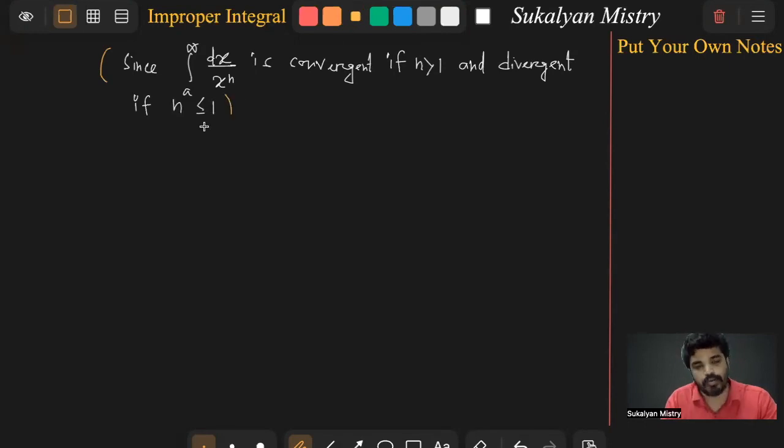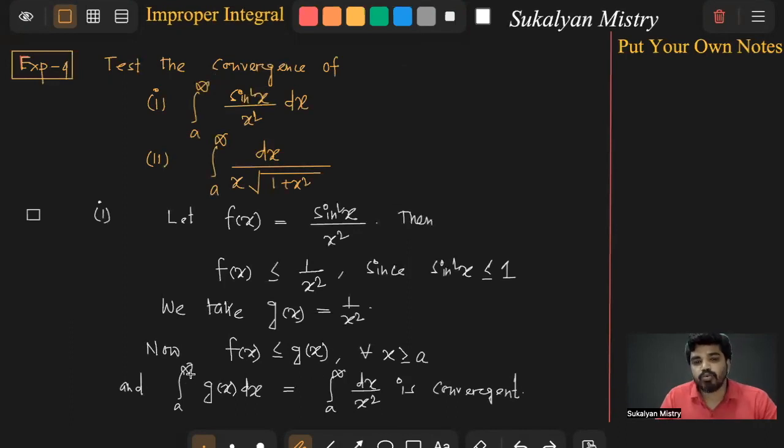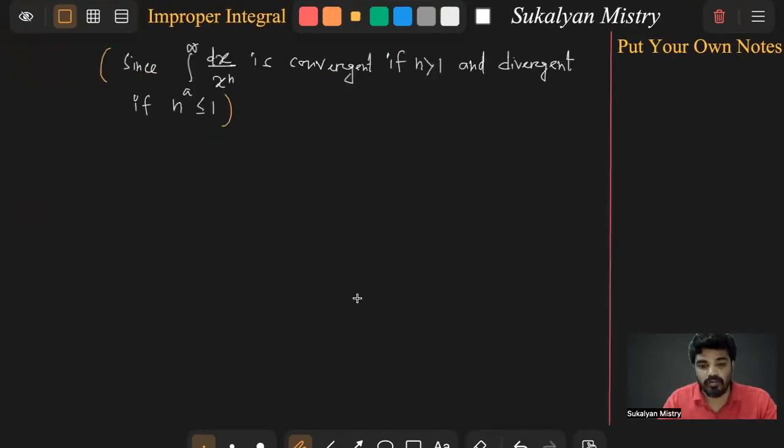Note this point. So we get a to infinity g(x) dx is convergent. So hence by comparison test, integration a to infinity f(x) dx is also convergent.